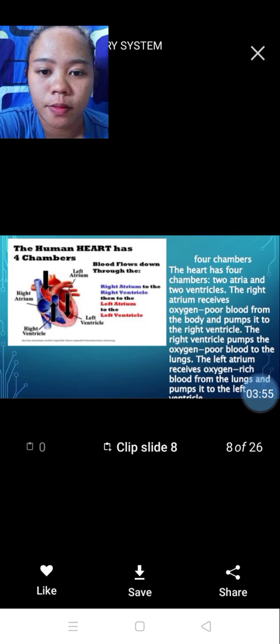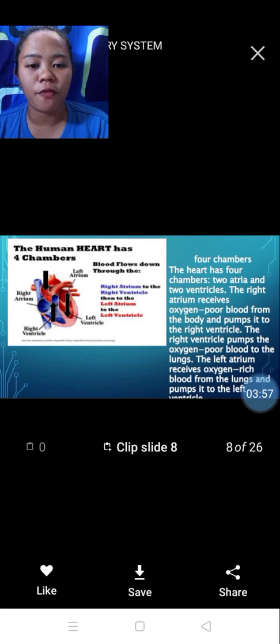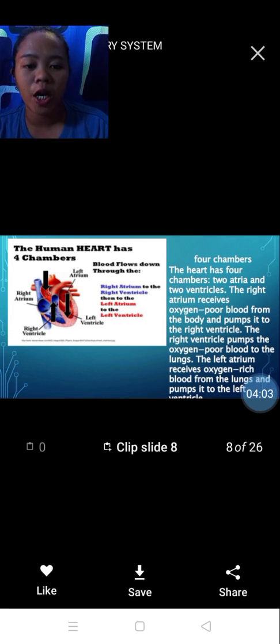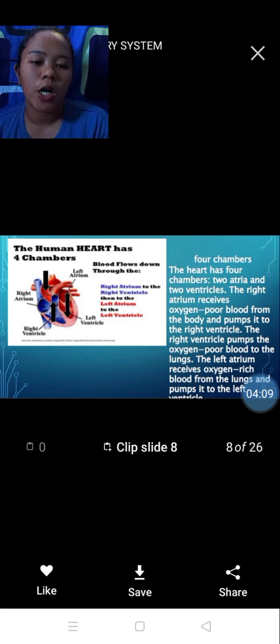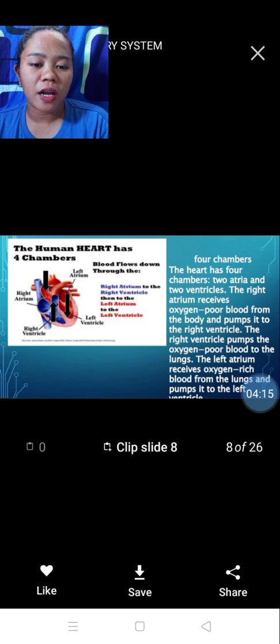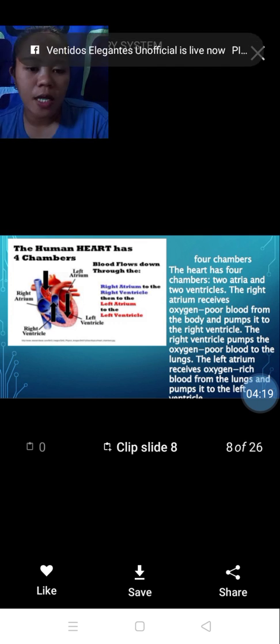Yan po. So, we have here the four chambers of the heart. So, the heart has four chambers, 2 atria and 2 ventricles. So, the right atrium receives oxygen-poor blood from the body, and pumps it to the right ventricle. The right ventricle pumps the oxygen-poor blood to the lungs.